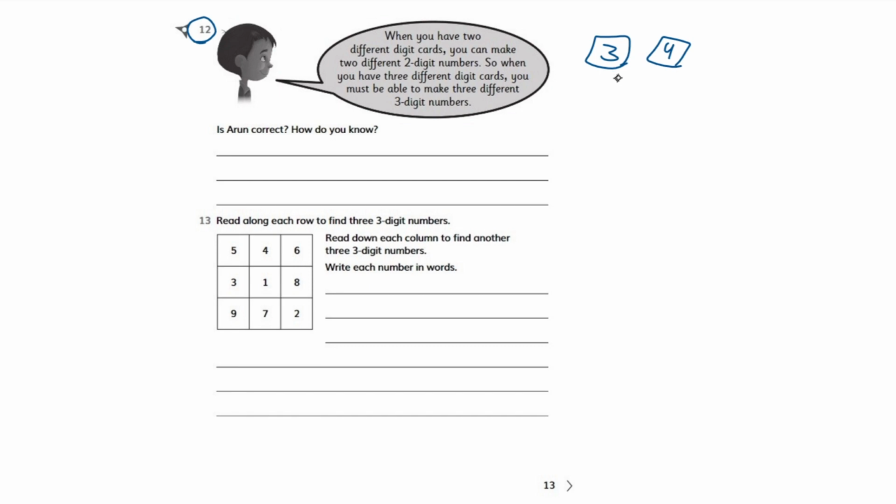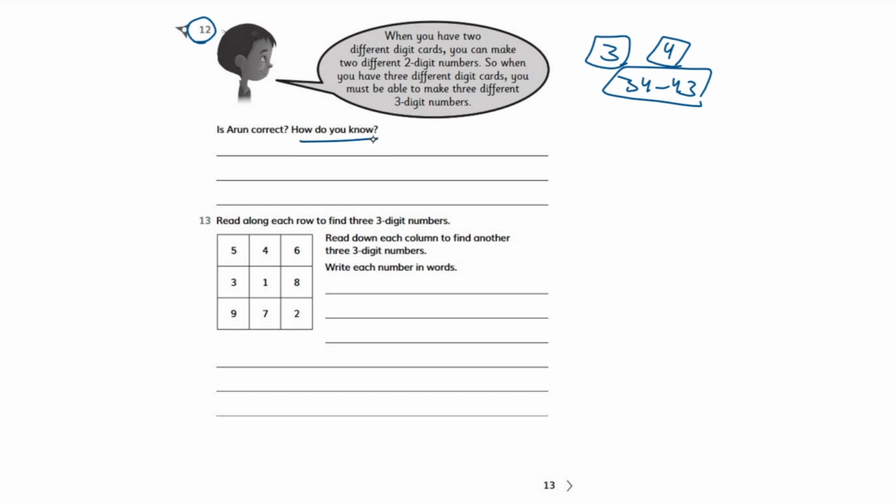Yeah, he is right. We can make either 34 or 43. Only two digits. But he says, so when you have three different digit cards, you must be able to make three different digit numbers. Now the question is if Arun is correct or not. It says, how do you know?